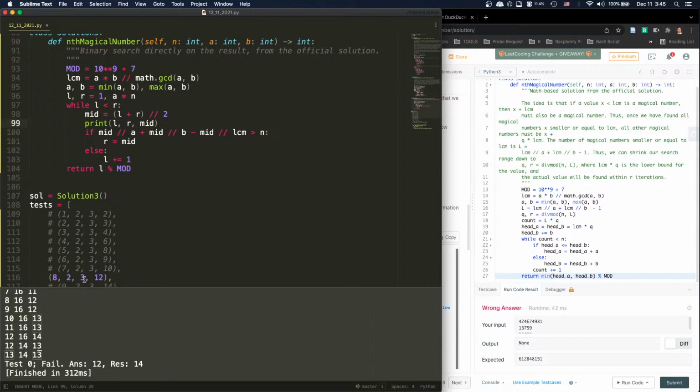Hold on. 13 divided by 2, that's 6. And 13 divided by 3, that is 4. And minus 13 divided by 6, that's 2. That's 10 minus 2, that's 8. That is 8.